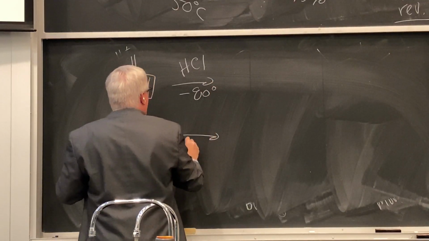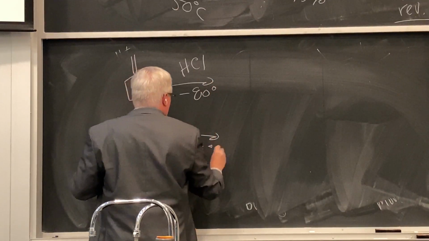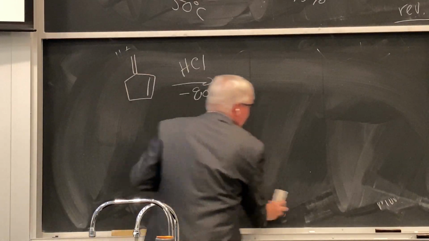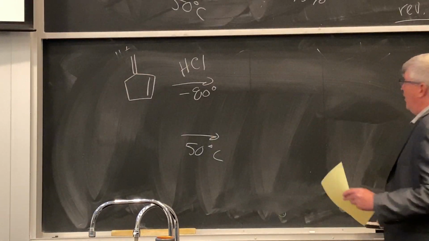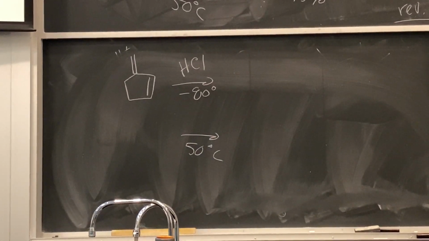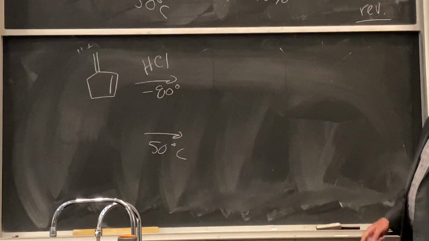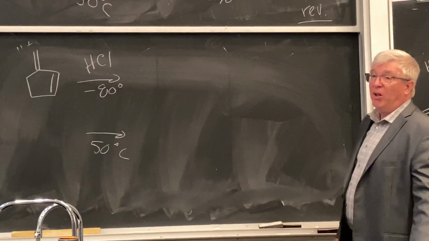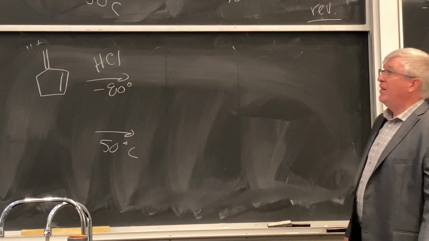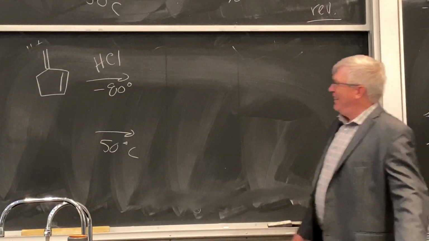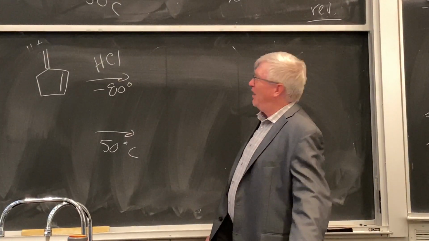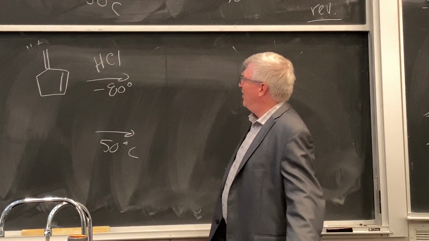And the same thing here at 50 degrees. Okay, so it's a different substrate. You've got to analyze which side you're going to protonate on and which allyl is going to be the most stable, and then where are you going to add the nucleophile? Again, these are all just one equivalent of HCl or HBr, and how are we going to do that one?